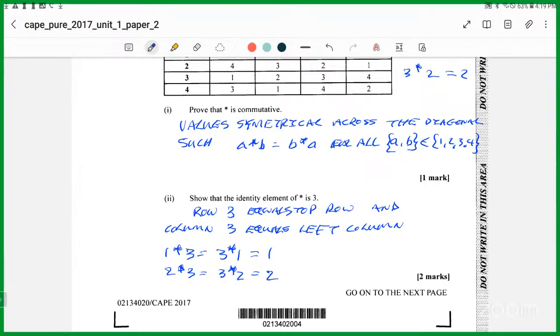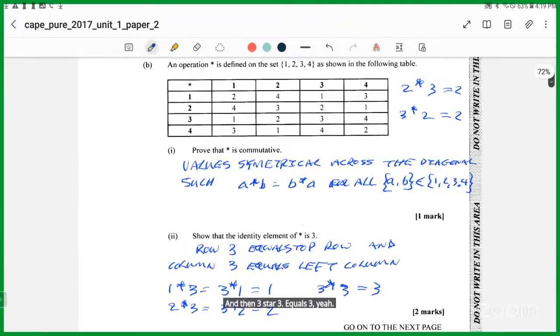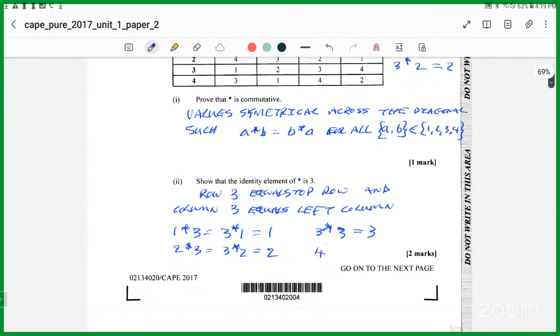And then 3 star 3 equals 3. See there? 3 star 3 equals 3. List all of them. And then 4 star 3 equals 3 star 4 equals 4. That's why it is the identity.